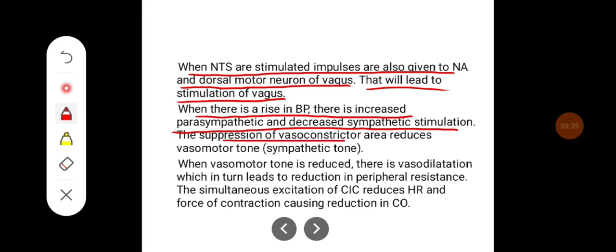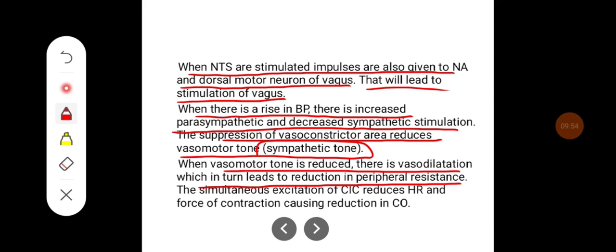The suppression of the vasoconstrictor area reduces the vasomotor tone, that is sympathetic tone. When vasomotor tone is reduced, there is vasodilatation, which in turn leads to reduction in peripheral resistance. The simultaneous excitation of the cardiac inhibitory center reduces heart rate and force of contraction, causing reduction in the cardiac output and blood pressure.